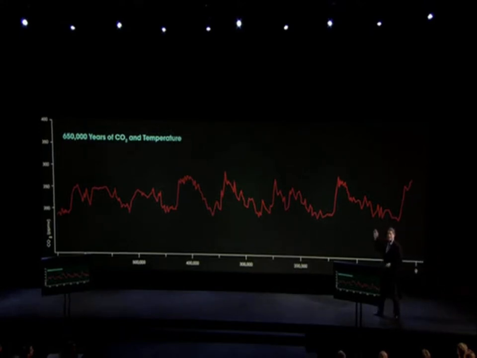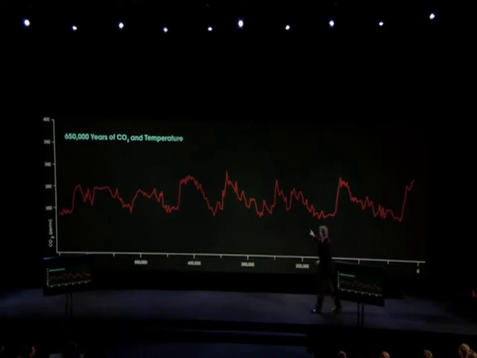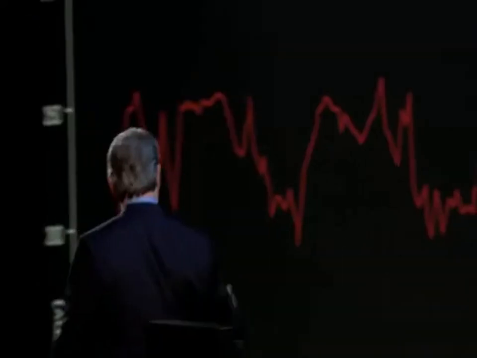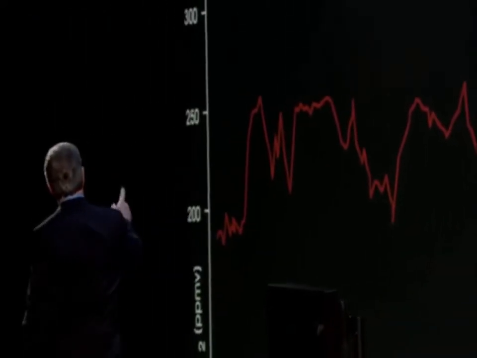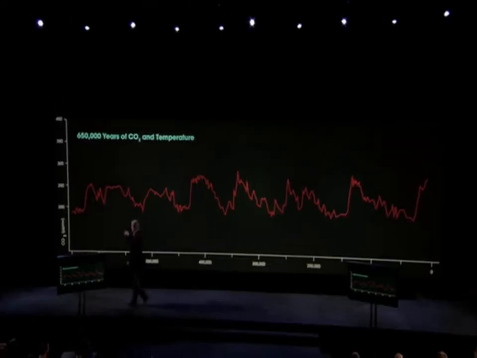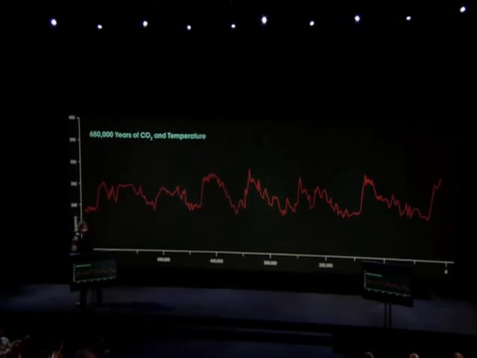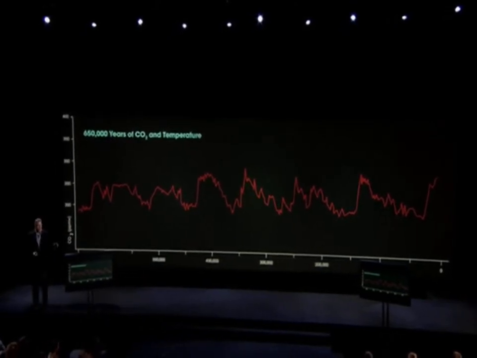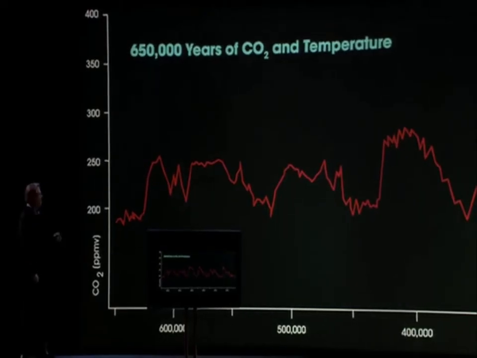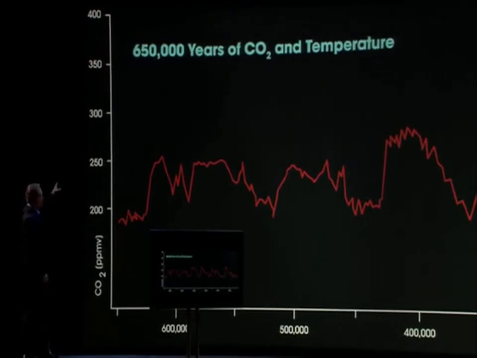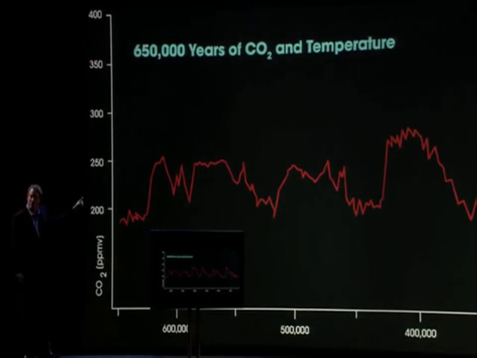We're going back in time now, 650,000 years. That's the period of warming between the last two ice ages. That's the second and third ice age back, fourth, fifth, sixth, and seventh ice age back. Now, an important point. In all of this time, 650,000 years, the CO2 level has never gone above 300 parts per million.